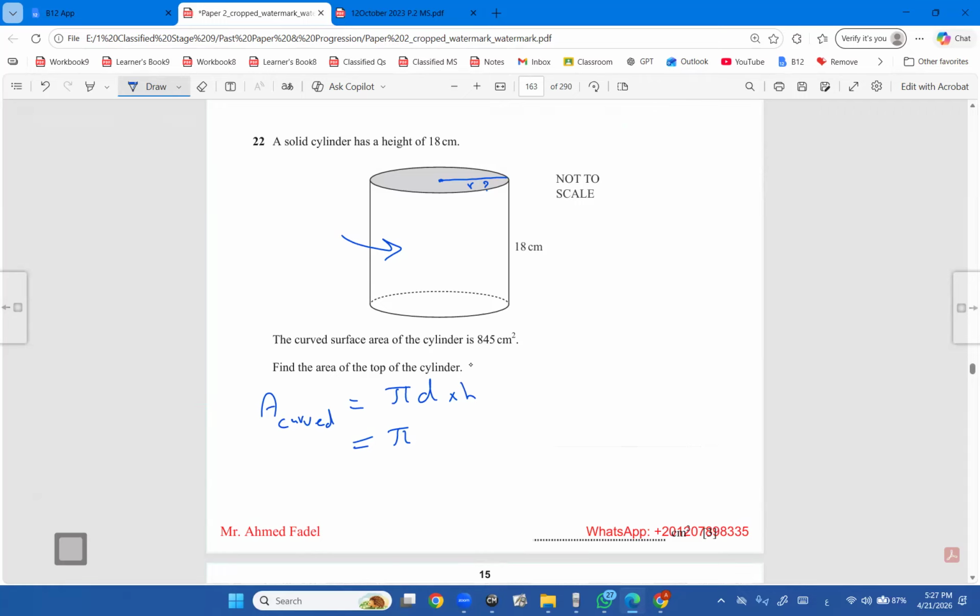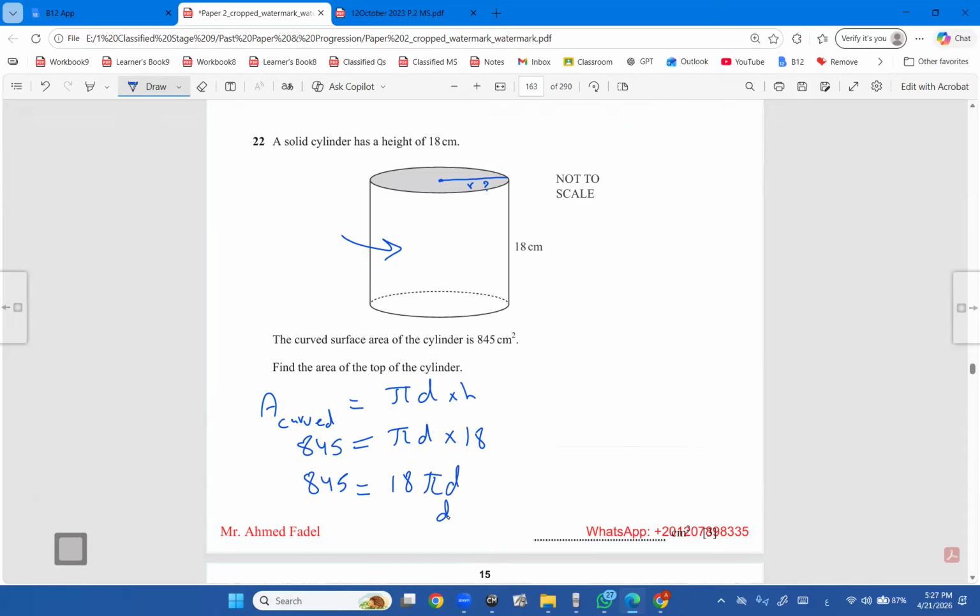And they told you that the area of the curved face is 845. This is what they said. Equals pi times d. We don't know d. Times the height, which is 18. 845 equals 18 pi d.